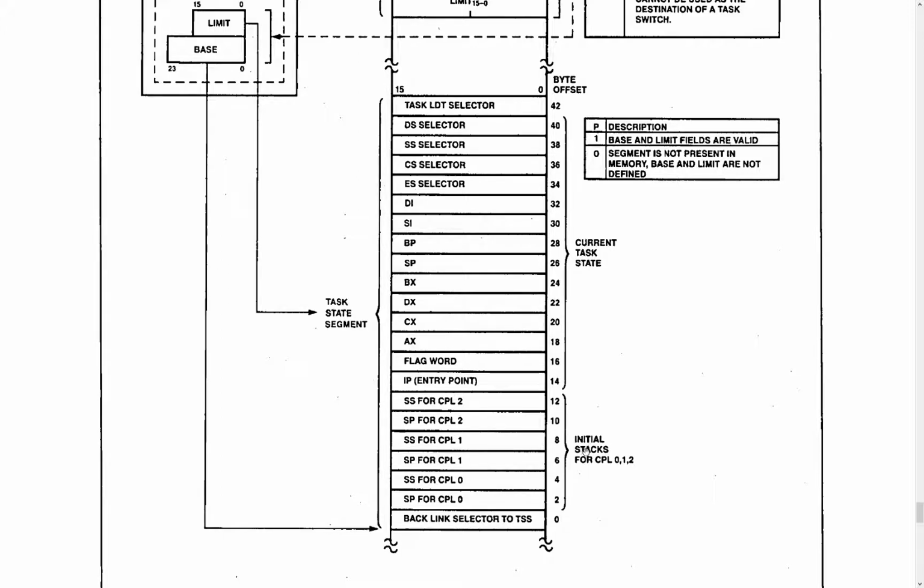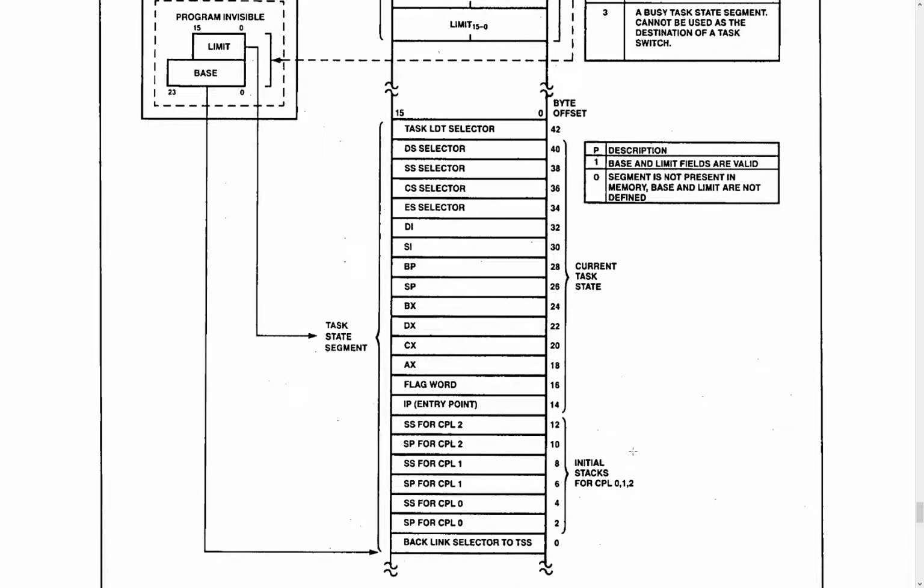Here we have the initial stacks for privilege levels 0, 1 or 2. And these values are used when we call a higher privilege from a lower privilege.